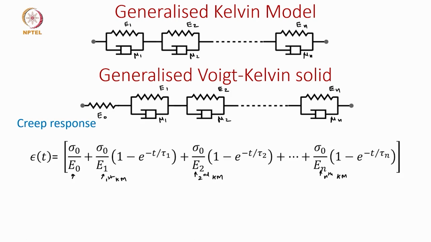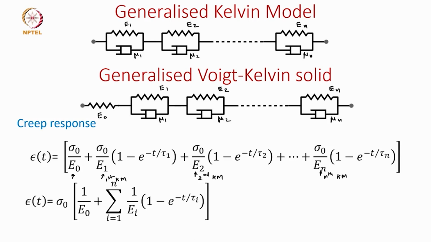This long equation can now be written as a summation, with i going from 1 to n, in terms of this Ei and tau i, where tau i is the relaxation time or the retardation time given as mu i by Ei.